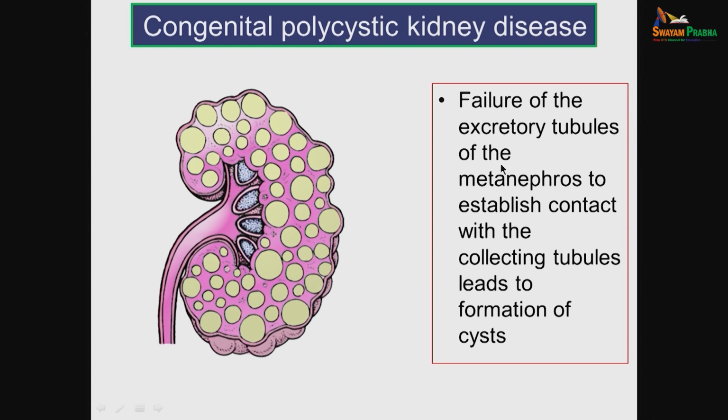Suppose the excretory tubules of metanephros do not establish contact with the collecting tubules, what happens is there is cyst formation within the kidney. It's called congenital polycystic kidney. This picture shows the congenital polycystic kidney.